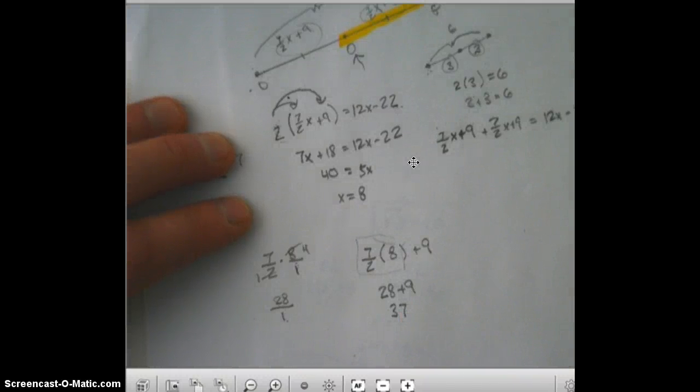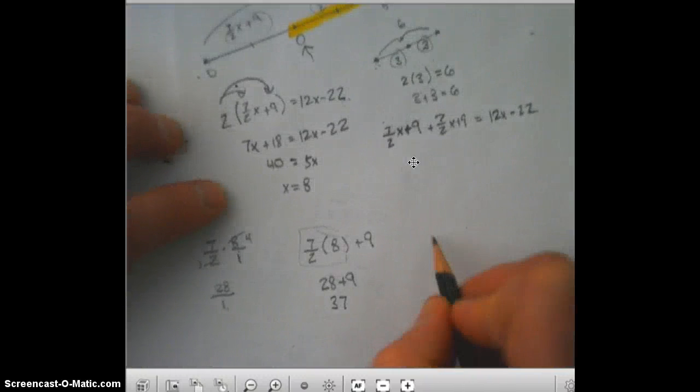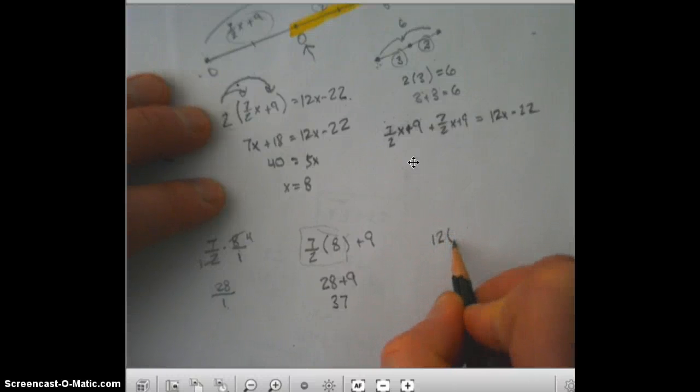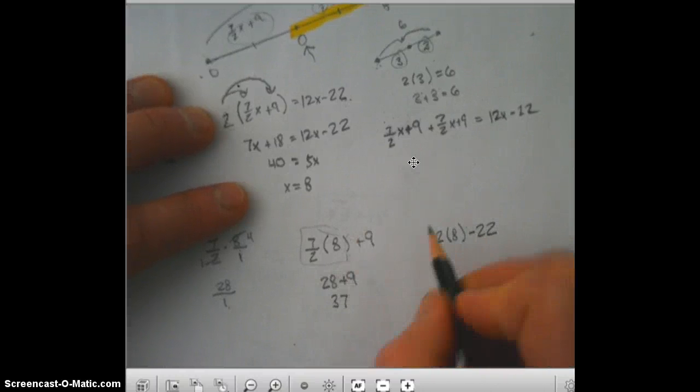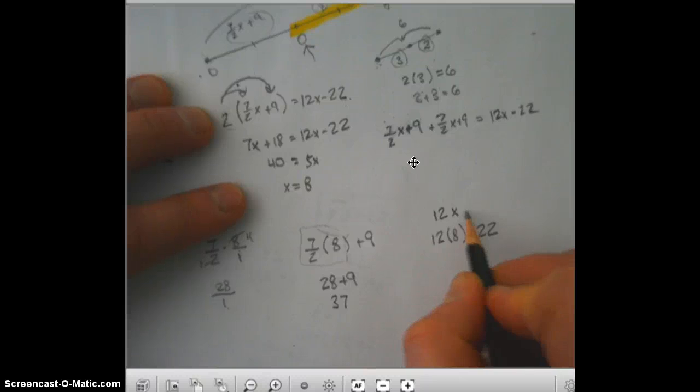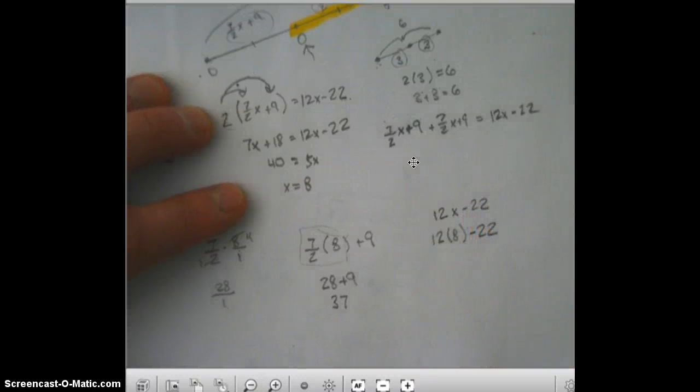Now, if we wanted to, just to show, we should be able to find 12 times x minus 22. What I did was went to the expression for the whole thing, 12x minus 22. And when we do this, we should get double that 37, because we're dealing with the whole thing and not the half.